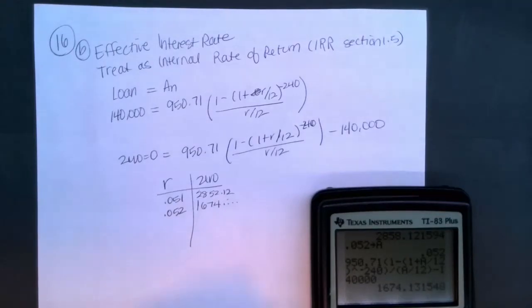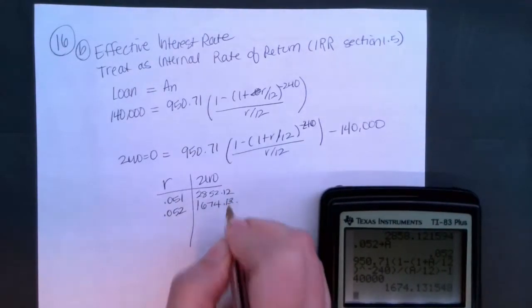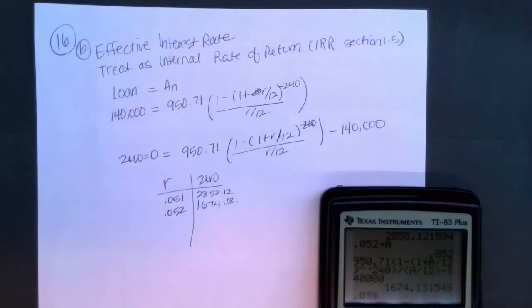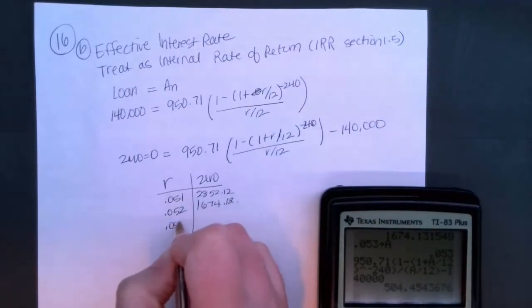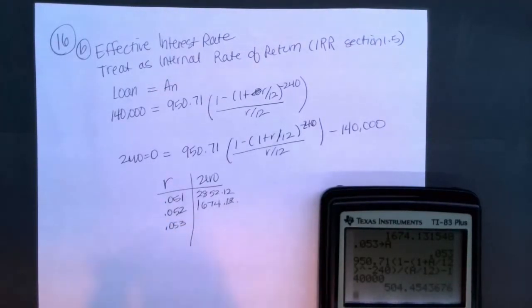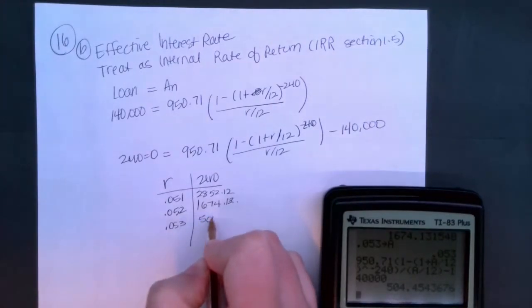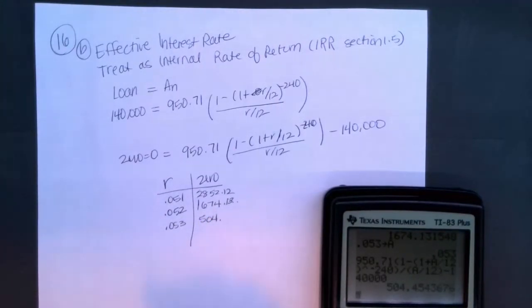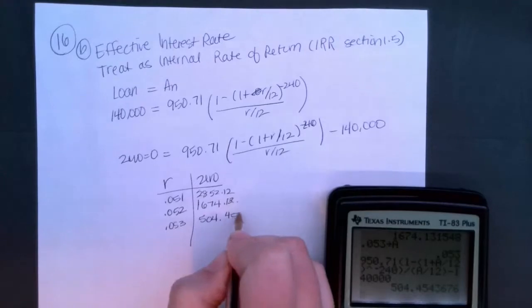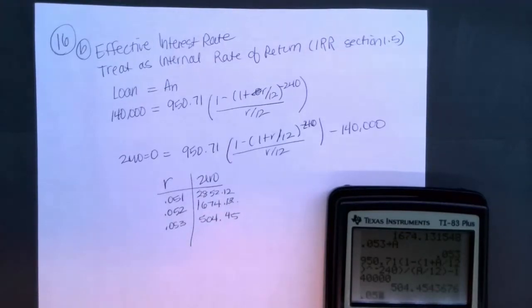Okay, so let's try 0.053. Store that as A. Run it again. And we get 504.45, so we went down pretty significantly this time. Okay, let's try 0.054.